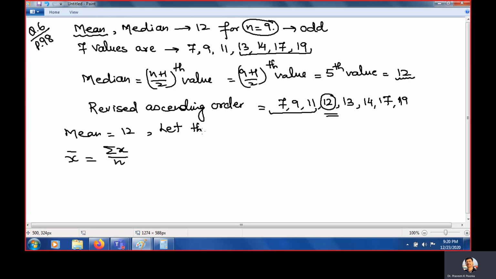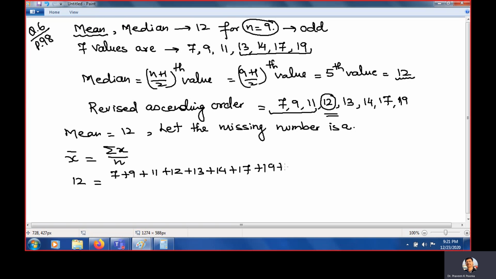Let the missing number be A. So x bar, which is 12, is equal to 7 plus 9 plus 11 plus 12 plus 13 plus 14 plus 17 plus 19 and plus 1 missing number. Clear? And this is upon 9.